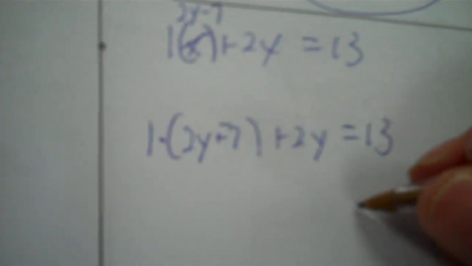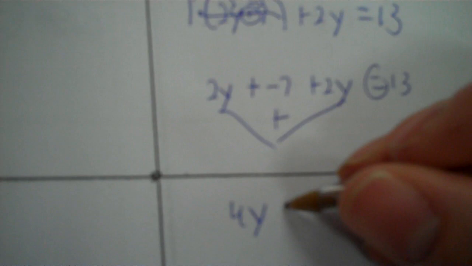Make it plus negative. So you drop that plus down. 1 times 2y is 2y. 1 times negative 7 is negative 7. And then you have plus 2y. Okay, you add the 2y and the 2y, because they're on the same side of the equation. That's 4y plus negative 7 equals 13.